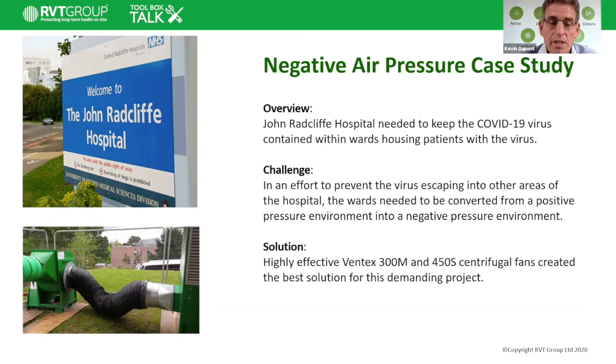But it was an extremely successful way of containing it within that zone and stopping that virus spreading to the rest of the hospital, using a range of fans from the 300 to 450 CF high pressure fans, running through a filter bank with HEPA 14 filters.